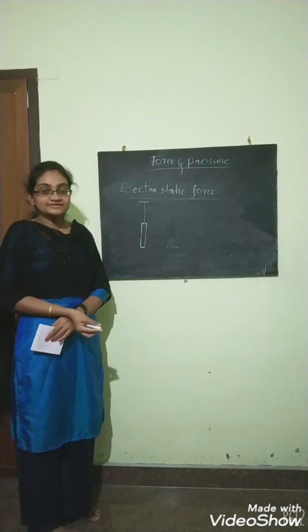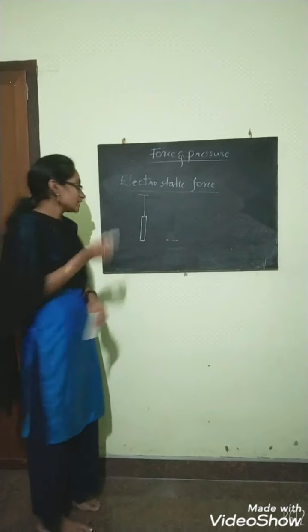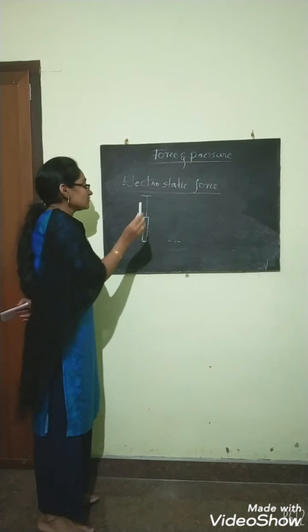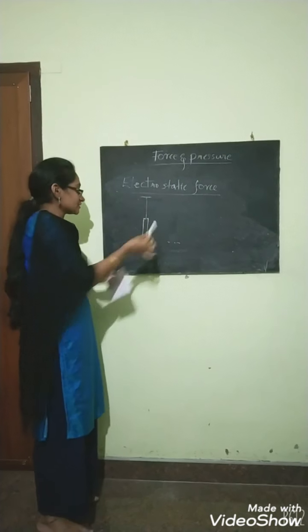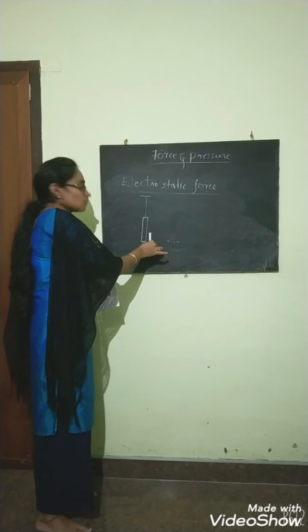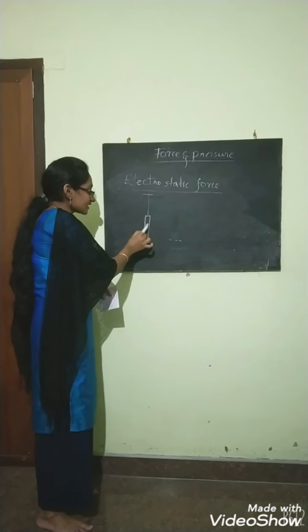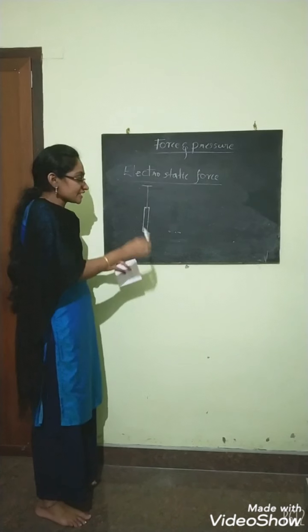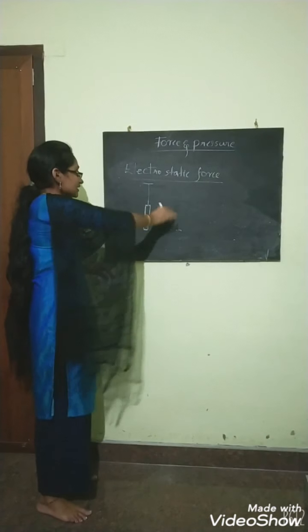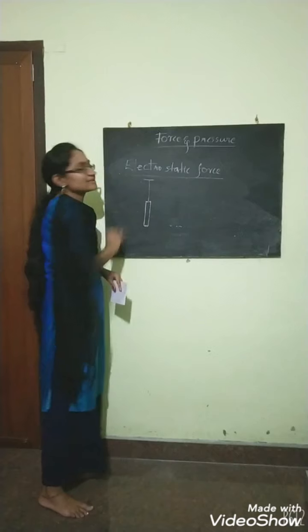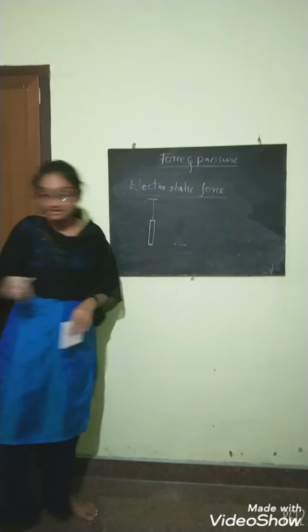Now we are going to explain the definition of electrostatic force. You observed the experiment, right? When I put this rubbed straw near this straw, this straw gets fluctuated. You can see they are waving like this. What is the reason? A charge occurs.